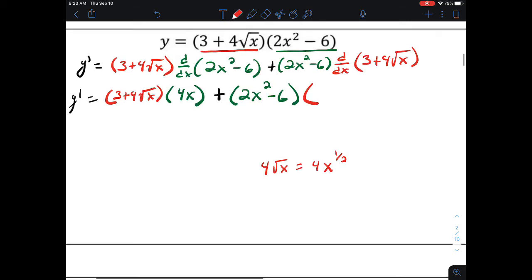So the derivative of that would be 2 times x to the negative 1/2, which would make 2 divided by the square root of x. So that derivative of 3 plus 4 roots of x is going to become 2 divided by the square root of x. And all we would do from there is multiply that out and combine our like terms.